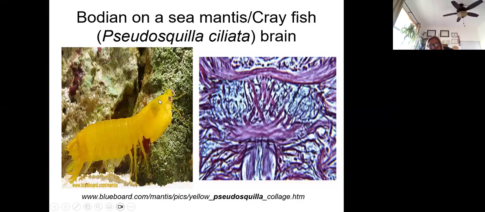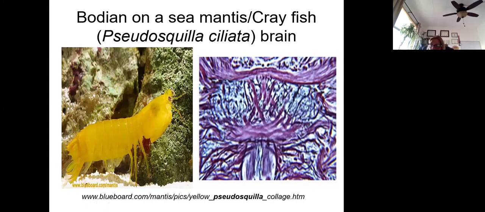Turns out that the sea mantis or crawfish, its brain is very much like our brain in terms of how it reacts to the silver solutions, in terms of how it stains. And you can see this is actually a crawfish. So you can sort of see those nerve fibers running. And they're nice and black. They're actually quite big compared to ours, but we can get a full cross cut of a crawfish.